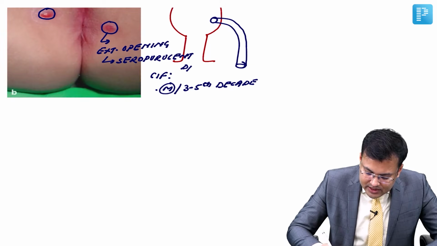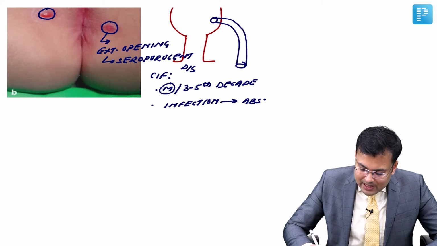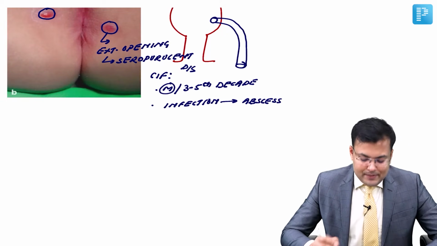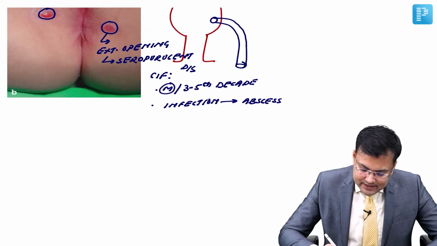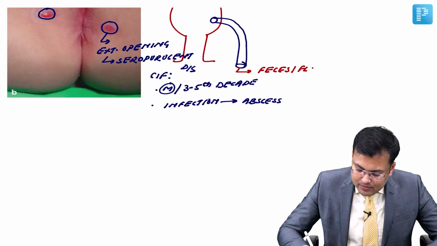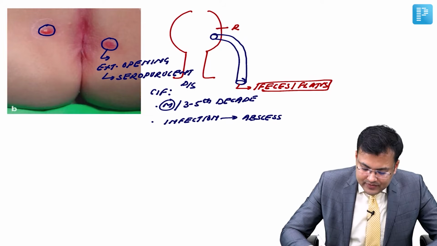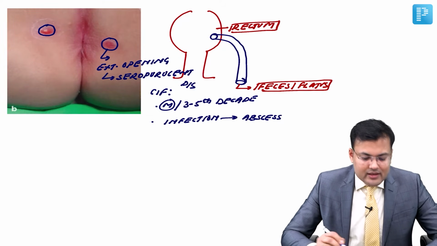Sometimes there is obstruction of the tract, and if there is infection, it can also lead to abscess. And if the patient passes feces and flatus from the external opening, it suggests what? That the internal opening is in the rectum.